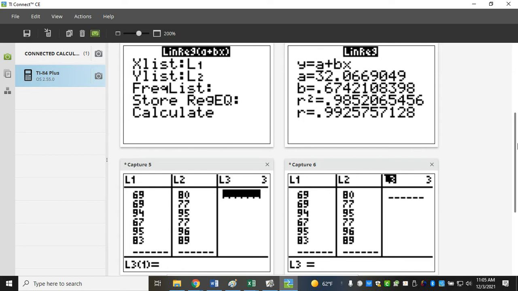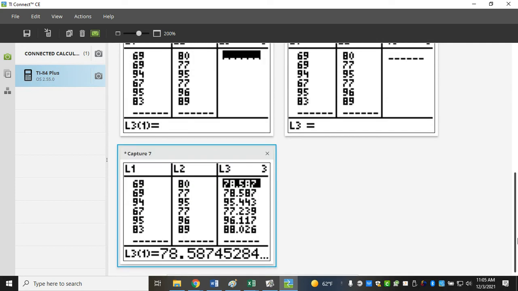And we plug in list 2? List 1, because you plug your X's in as your X. And so your value should look something like mine. These numbers should be somewhat relatively close to what? So your list 3 should always be similarly relative numbers close to what? L2.